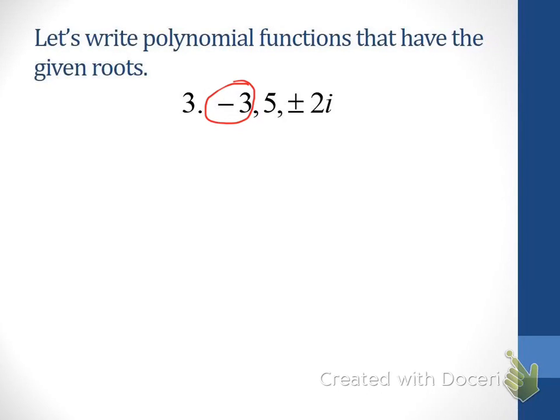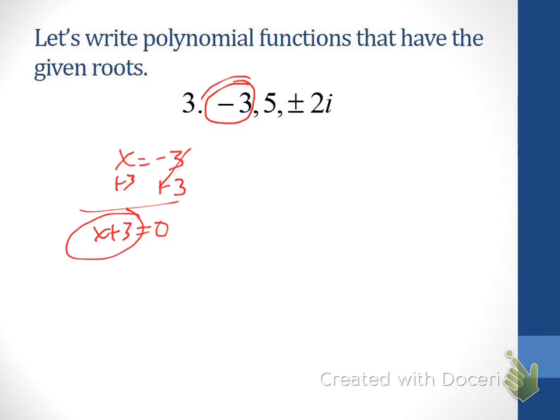The way we got that negative 3 is that we factored down that polynomial, and because of the zero product property, we set that factor equal to 0. And then we solved, and we got x equals negative 3. Well, in order to see that it was set equal to 0, we'd have to add 3 to both sides. So we get x plus 3 equals 0. Well, look here. x plus 3 gave me a solution of negative 3.